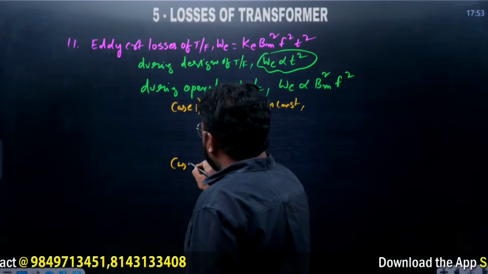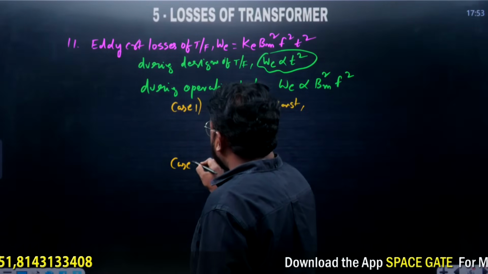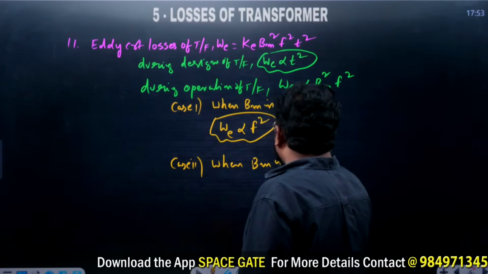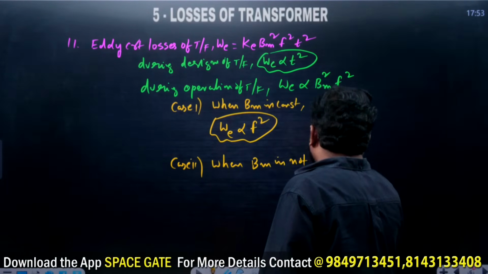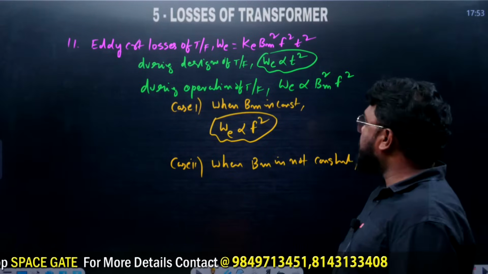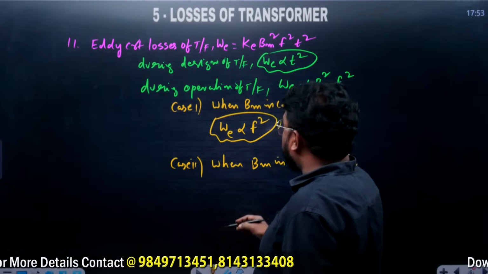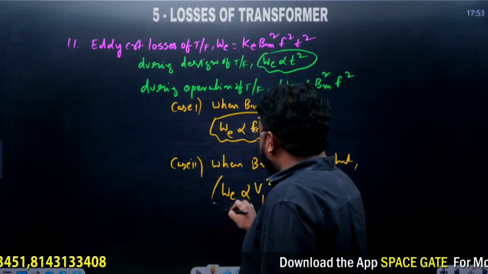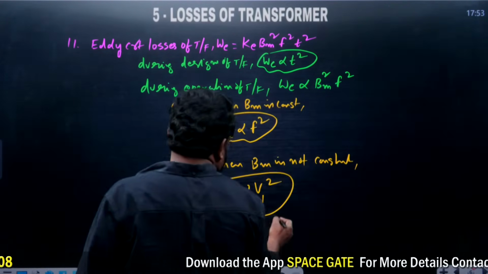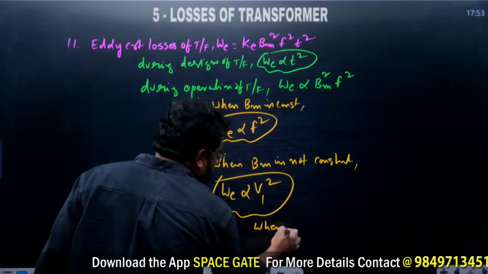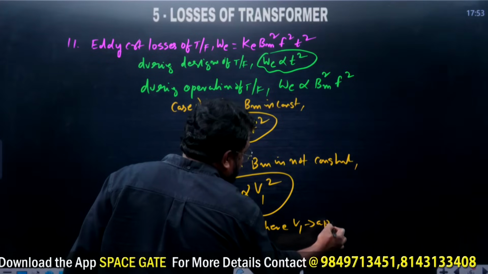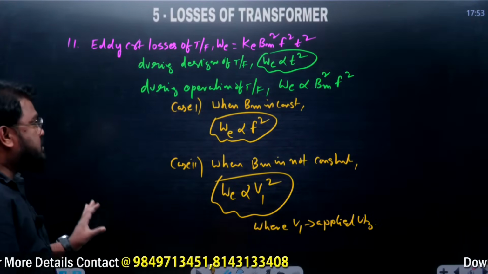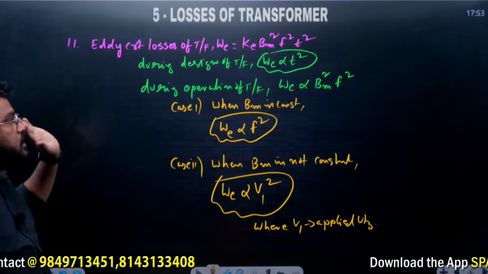And in case number 2, when B maximum is not constant, the eddy current loss is directly proportional to the square of the applied voltage, where V1 in this case is the applied voltage of the transformer. These are the two questions from the eddy current losses.